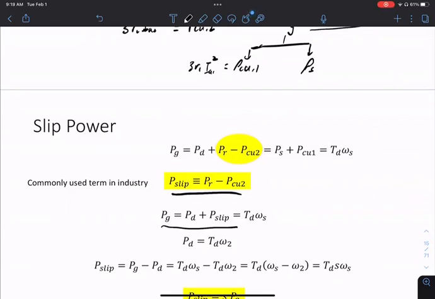This term lumps the loss and the injected power together. Without this injected power, the air gap power is always PD plus a term. Even with this injected power, we still want to talk about PD plus a term. We're going to lump this and call it Pslip.